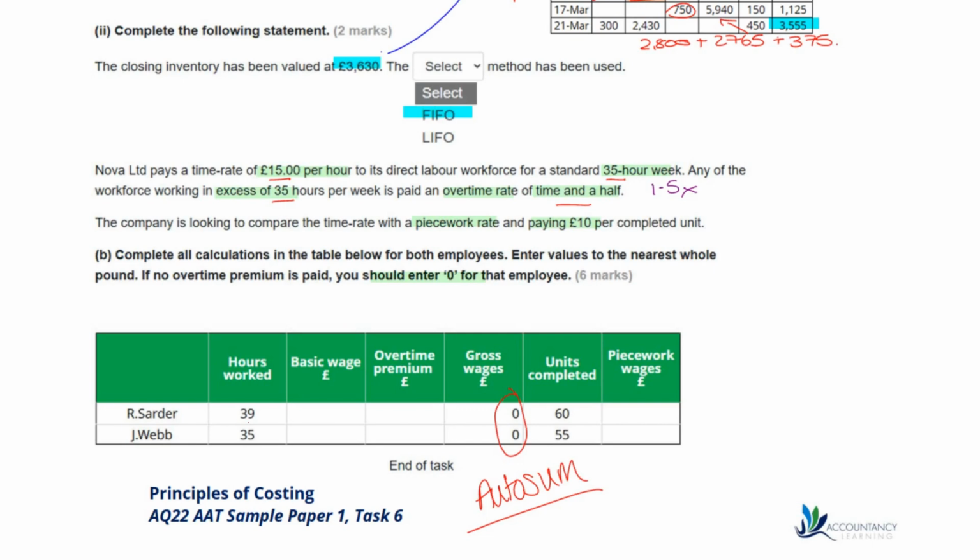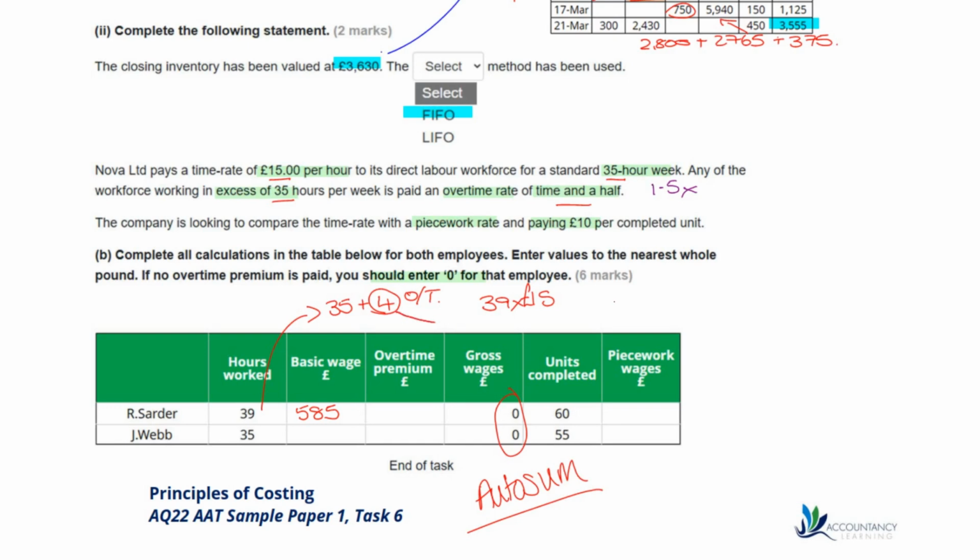So for the basic wage at 39 hours, you're going to have your 35, and you still need to do the full 39 at the basic wage. So those 4 hours overtime are still included in the basic wage. So you'll have 39 times £15 per hour to give a basic wage of 585.